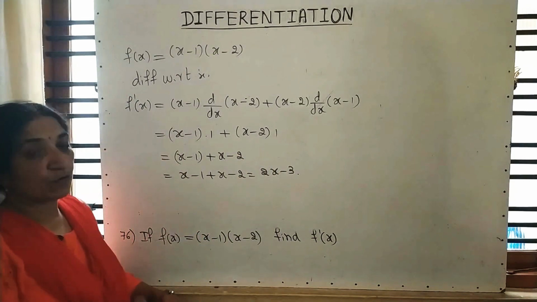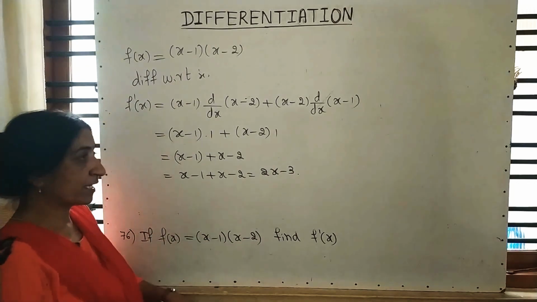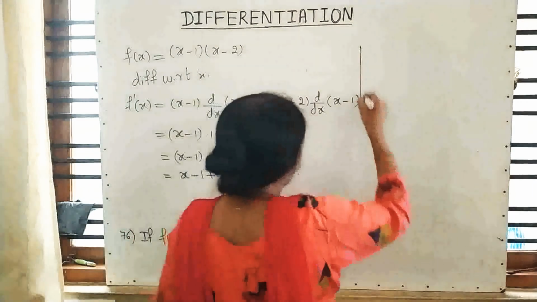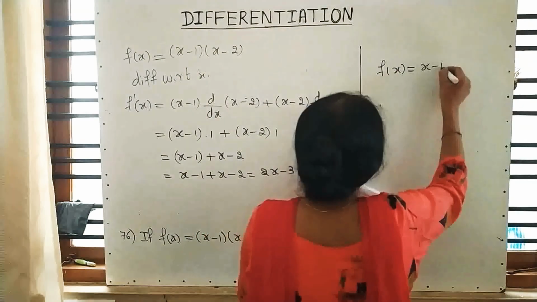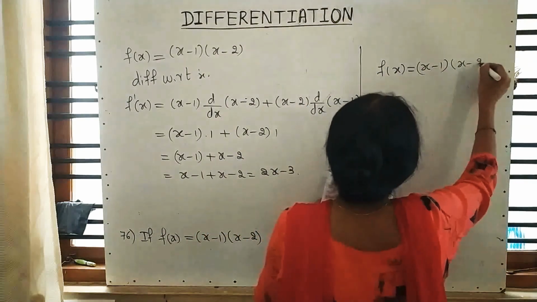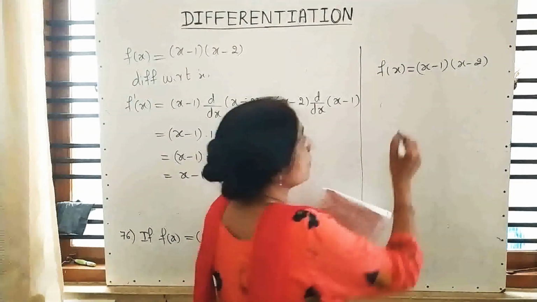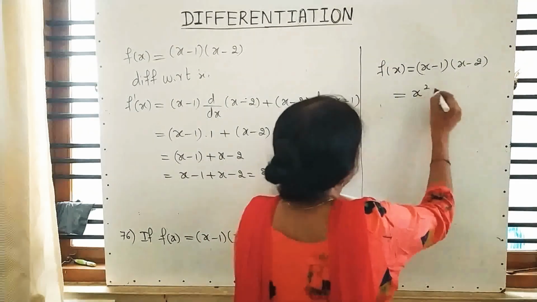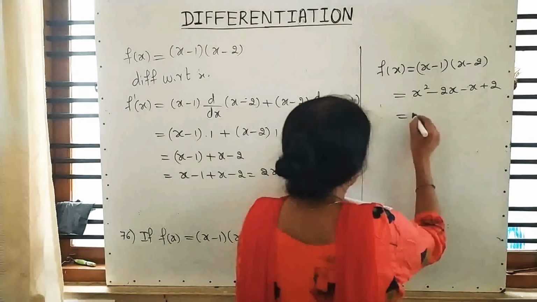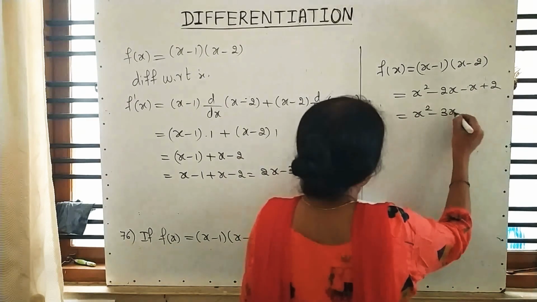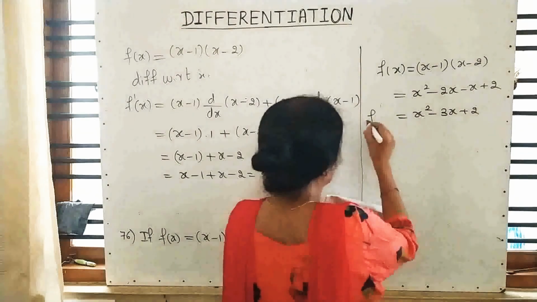So like this. If you multiply and solve, that time also you will get the same answer. See, I will do that also. F of x is x minus 1, x minus 2. Before differentiation, if you remove the bracket, x square minus 2x minus x plus 2. That is x square minus 3x plus 2. This is the f of x.